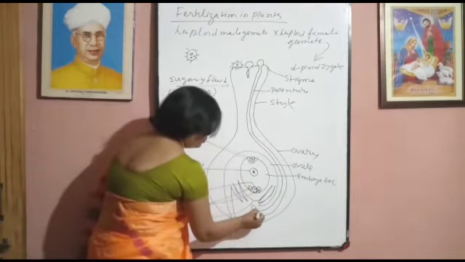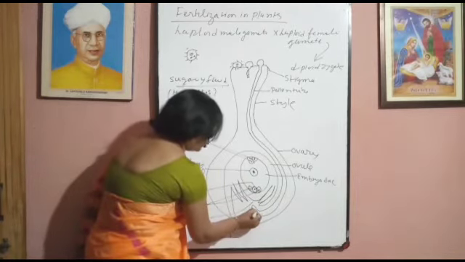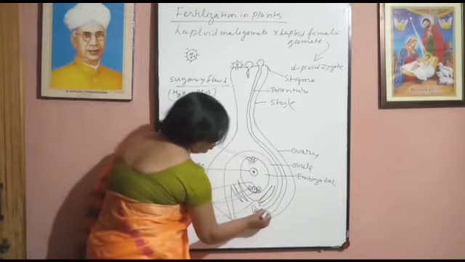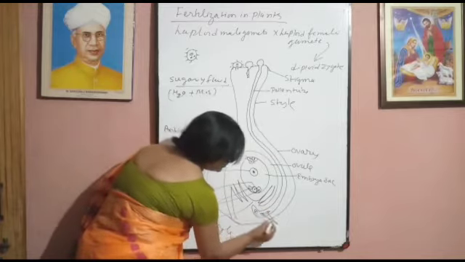Inside the pollen tube, there is a tube cell and two male gametes.